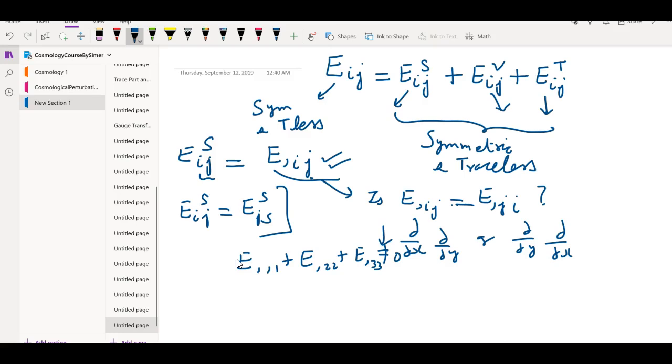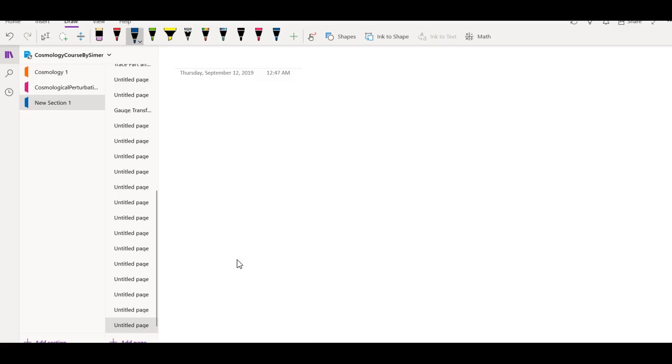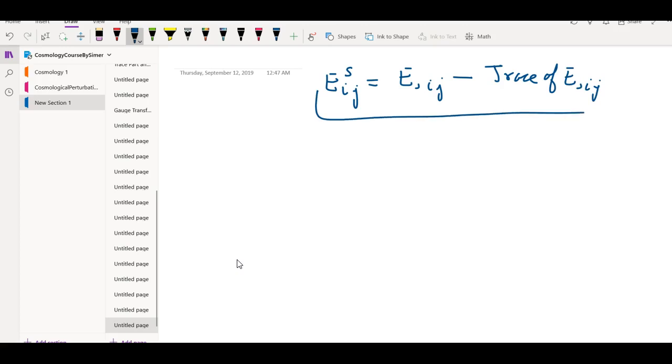In order to make this traceless, what we can do is subtract the trace of this from this tensor. So far we have achieved one part of this, that we have constructed a tensor which is symmetric. But now let us subtract the trace of this, and then this will be symmetric and traceless.